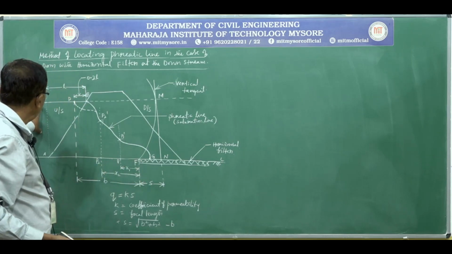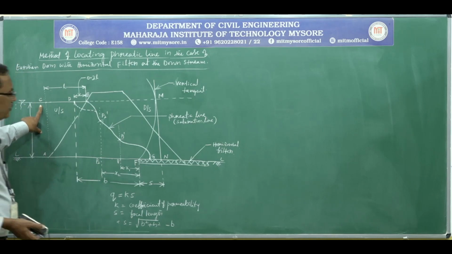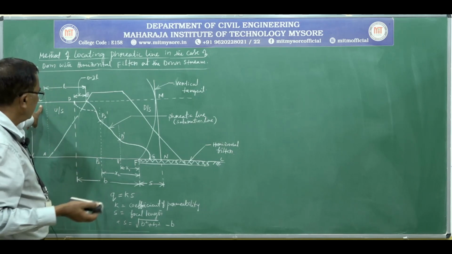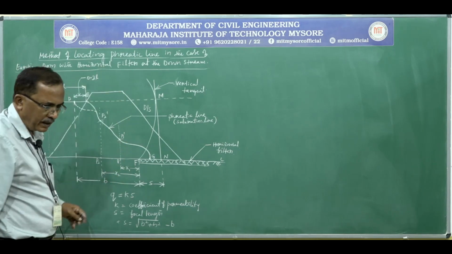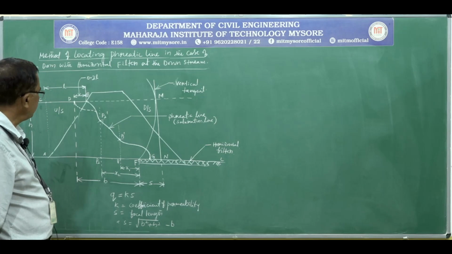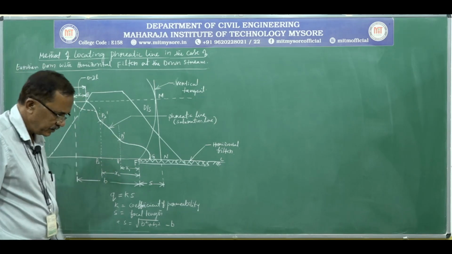H is the head of water at the upstream side. So like this we can locate the phreatic line in the case of an earthen dam with the horizontal filter at the downstream side.